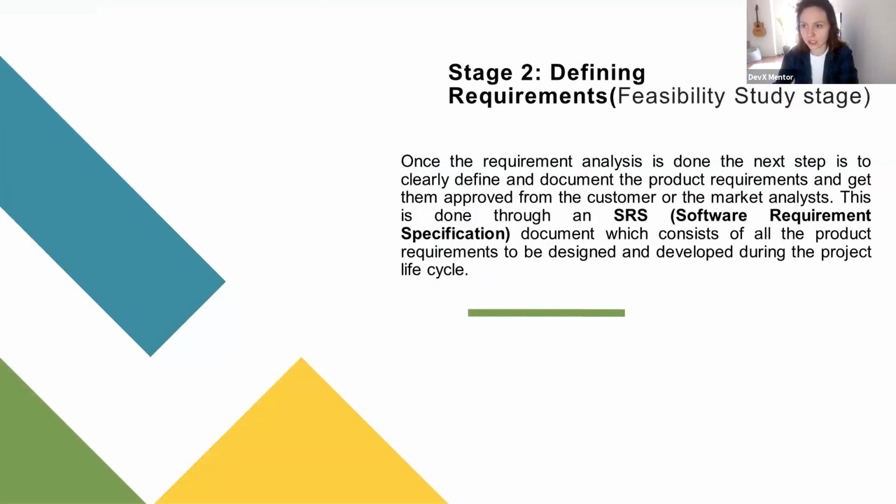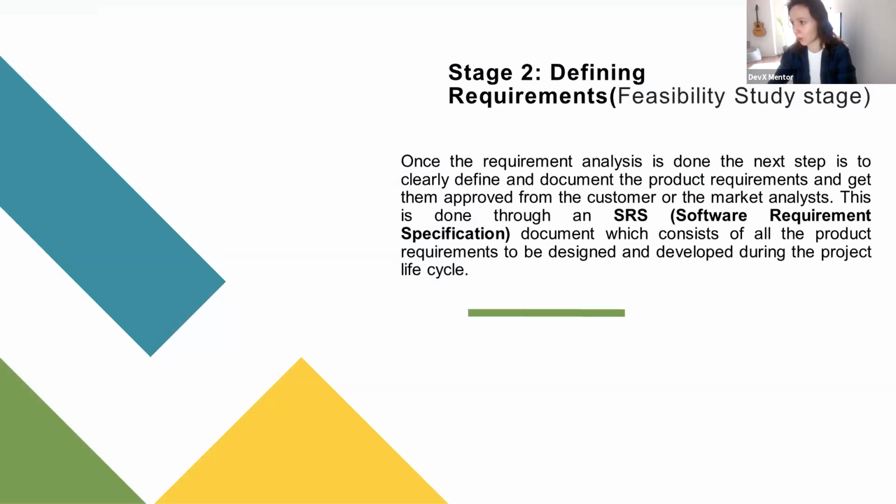Next stage is defining requirements, the feasibility stage. Once all requirements analysis is done, the next step is to clearly define and document the product requirements and get them approved from the customer or the market analysts. This is done through SRS, software requirement specification.